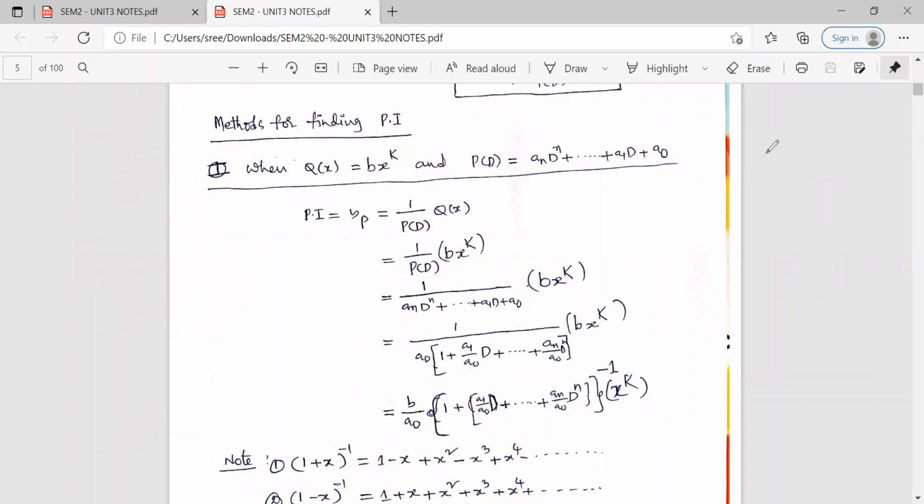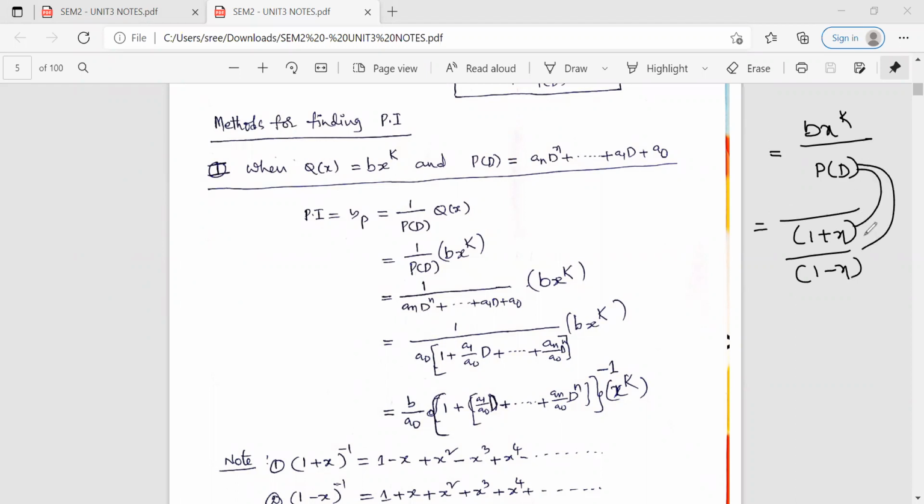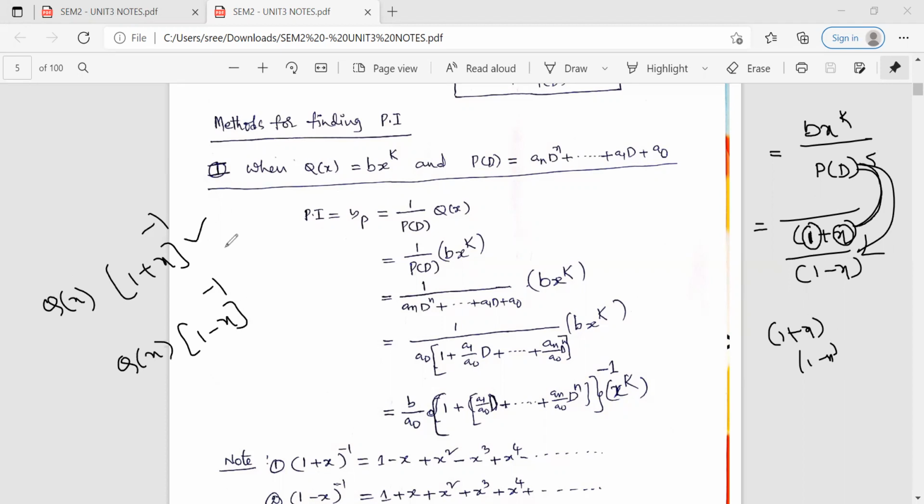The first rule is, if in the given equation the q of x is an algebraic equation, we write the denominator in the form of 1 plus X or 1 minus X. That means we should keep 1 in the constant place and the remaining is X. If you write the denominator in 1 plus X or 1 minus X form, after that we take this denominator into the numerator. That means we get q of x into 1 plus X whole power minus 1, or q of x into 1 minus X whole power minus 1 form.